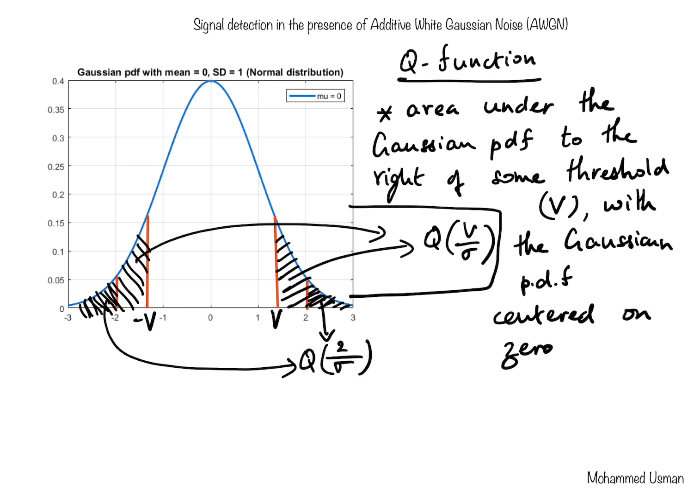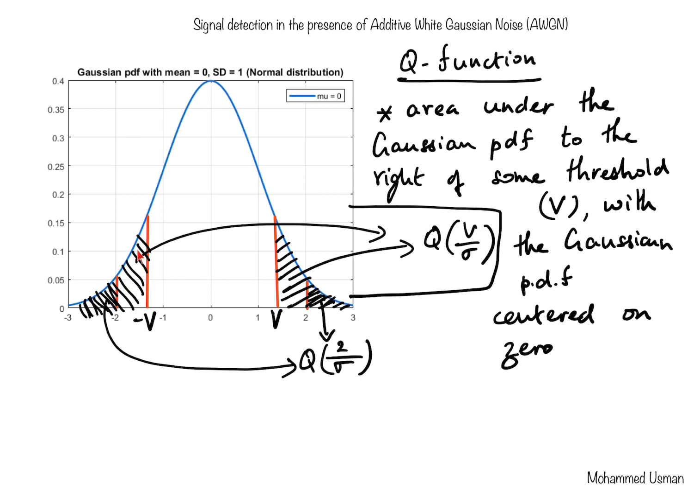Sometimes during our analysis we want to compute the area on the negative side, and by exploiting the symmetric nature, we can translate it to the positive side, because the negative and positive side are mirror images about the mean value.